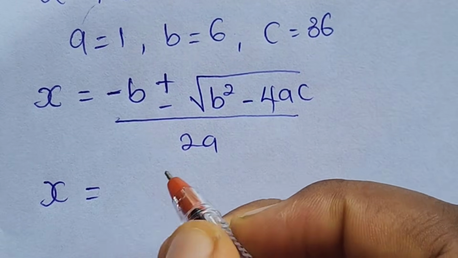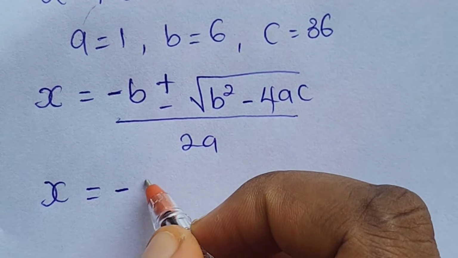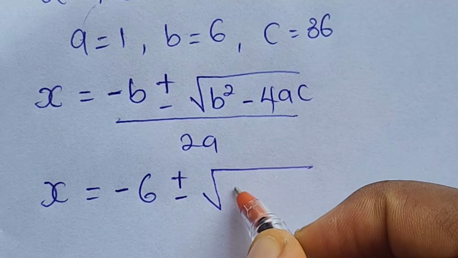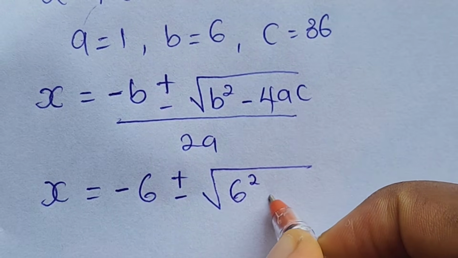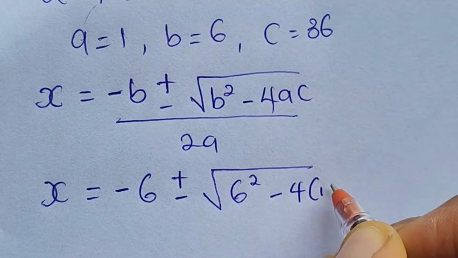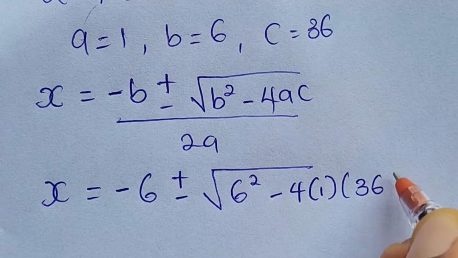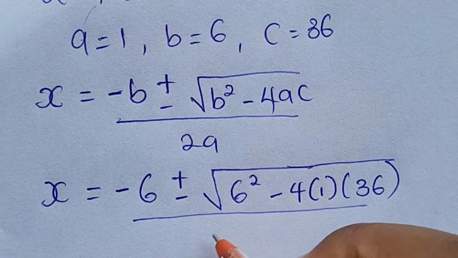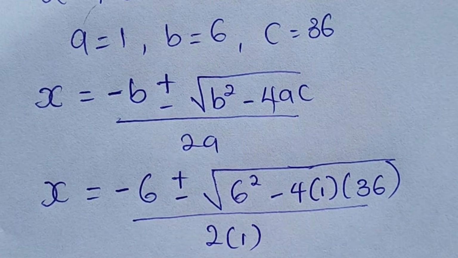We have x equal to minus 6 plus or minus the square root of 6 squared minus 4 times 1 times 36, all over 2 times 1.